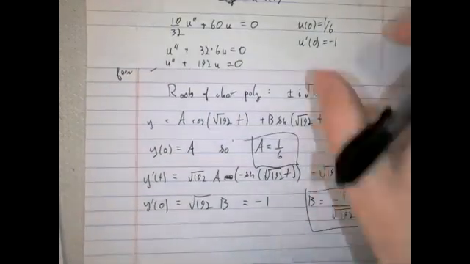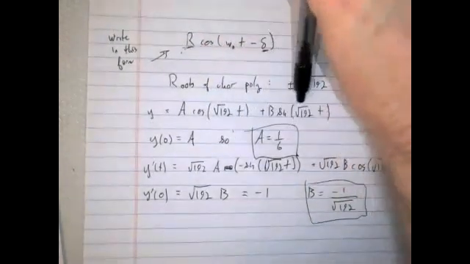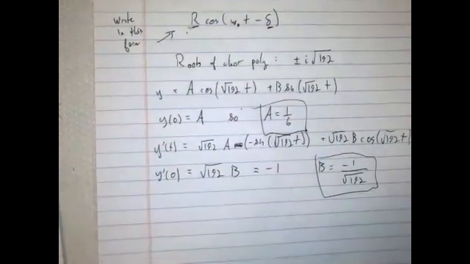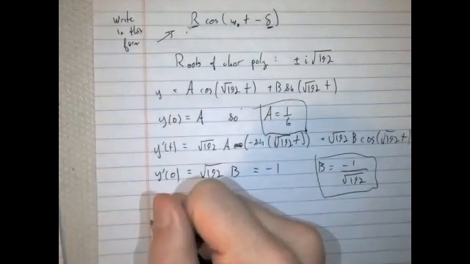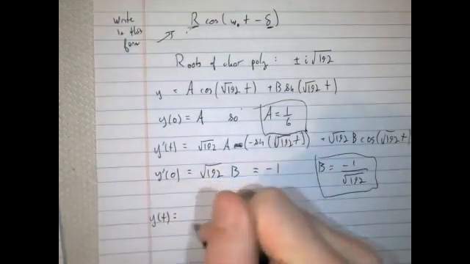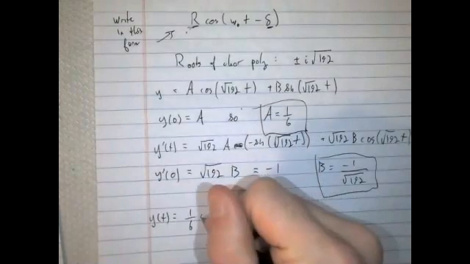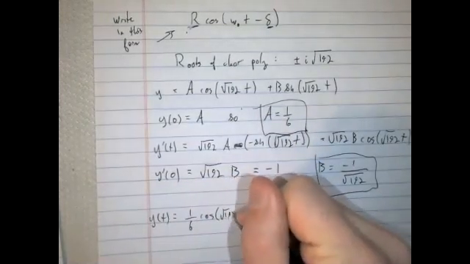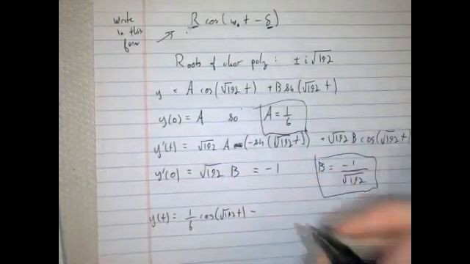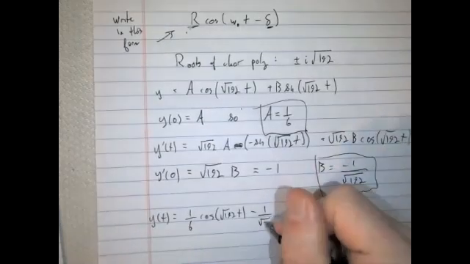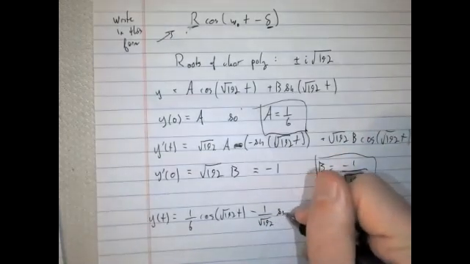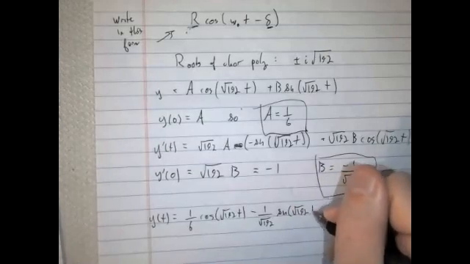So as far as we're concerned, in terms of the previous sections, our genuine equation of motion is y of t is equal to 1/6 cosine of root 192 t minus 1 over root 192 sine of root 192 t.